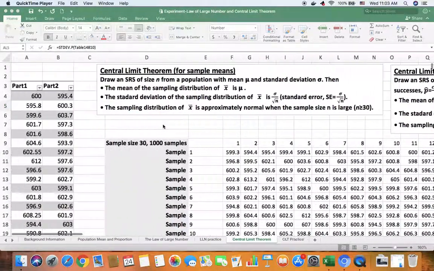But now, we pretend we don't know all of this. We want to use sampling to estimate the parameters of the population.